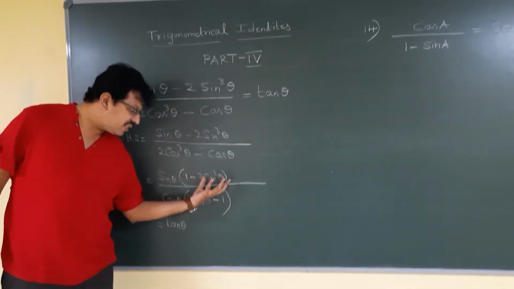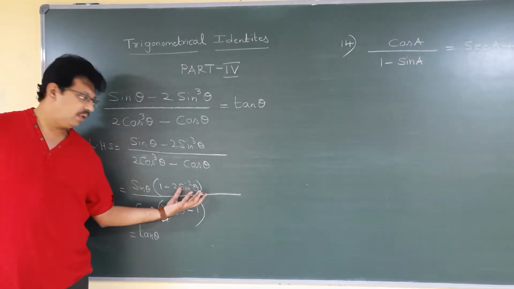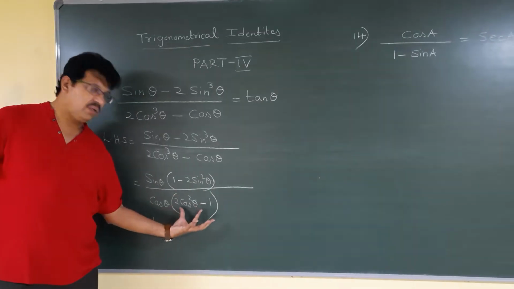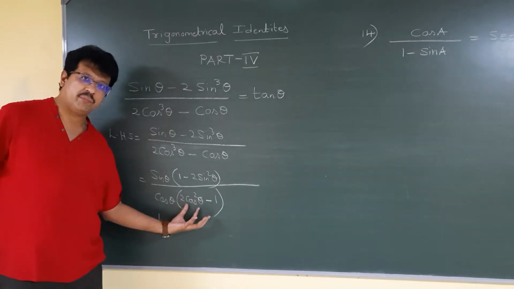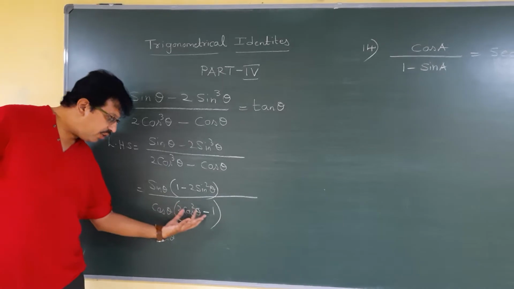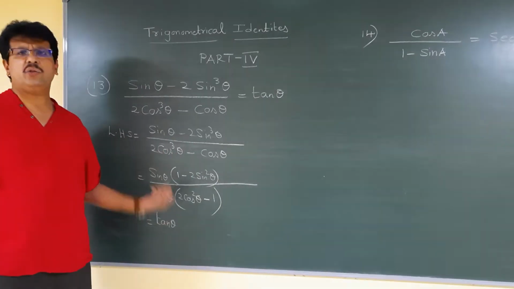Either we need to write sin square theta as 1 minus cos square theta and write the denominator as it is, no need to change the denominator, or if you want to keep the numerator as it is, change the denominator using 1 minus sin square theta. Any one you should do, children.